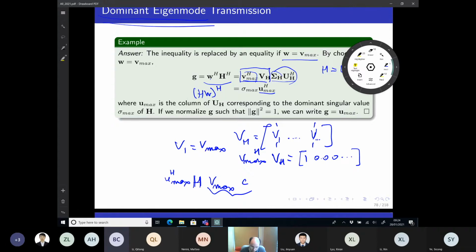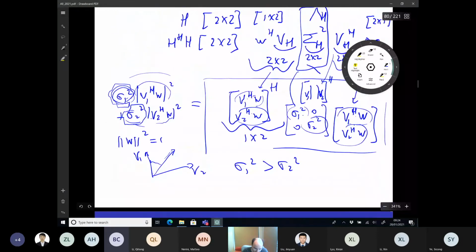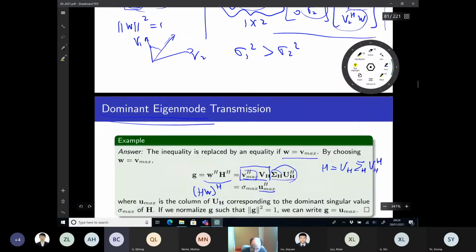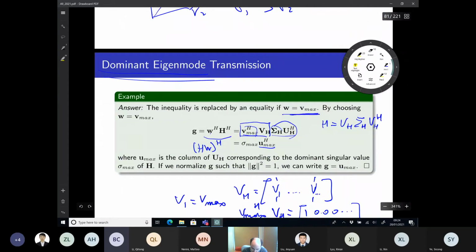Okay. So if you have a single receive antenna, well, in that case, you don't have multiple eigenvalues because you have a vector channel that has rank 1, so you have only one eigenvalue, and in that case, you can easily show that your dominant right singular vector is nothing else than H, the channel itself, or actually the normalized channel, if you like, right?